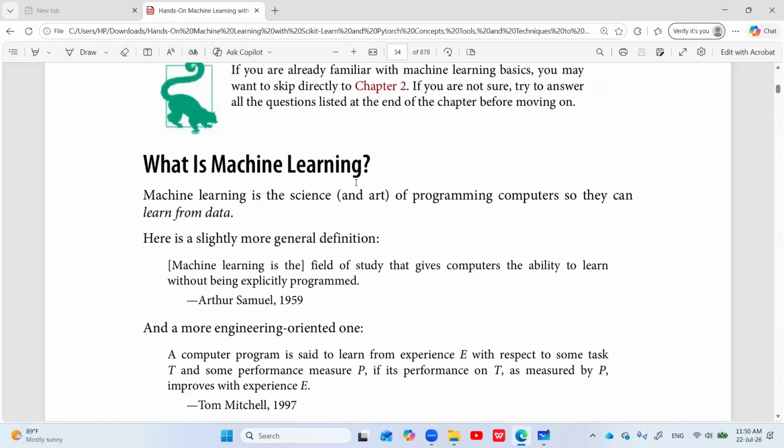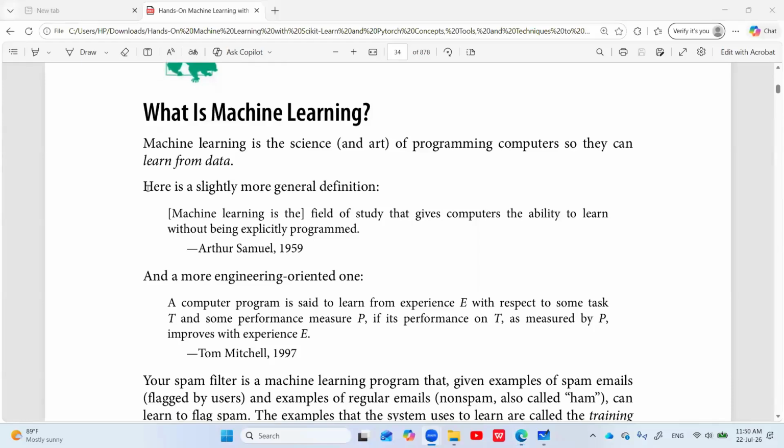What is machine learning? There are several definitions for machine learning. Machine learning is the science or art of programming computers so they can learn from data.